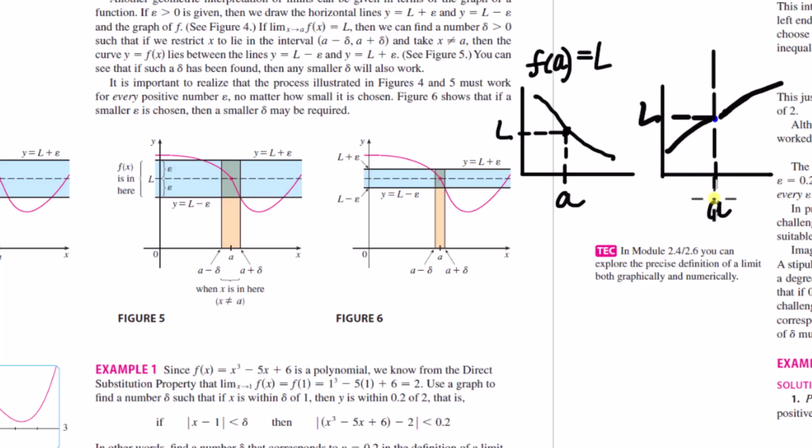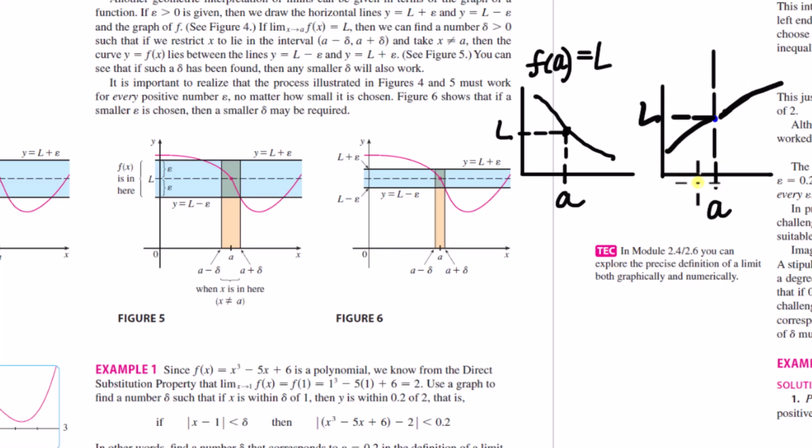But now, for this scenario where f of a is not equal to L, does this mean that the function doesn't exist at a? Well, no, it might or might not. This just means that f of a is not equal to L, is all. It could be the case that the function does exist at a, but the function is equal to some value that we can't see in this zoomed in view.